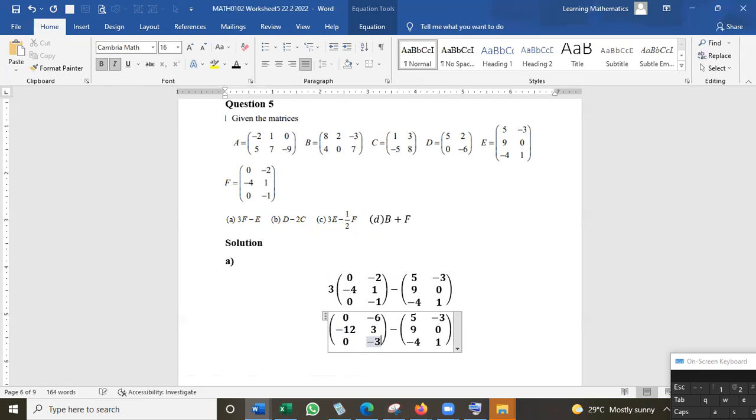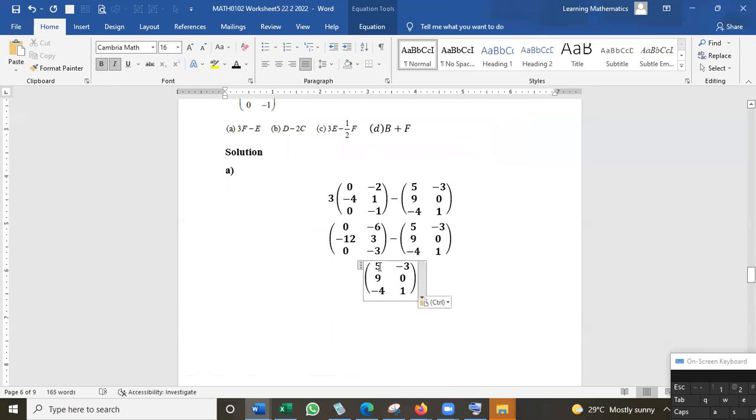So I have to multiply first before I subtract. Okay, so now I'm going to subtract. My answer will also be 3 by 2, 3 rows and 2 columns. So let me just put some blank spaces there. So I'm ready to subtract because I've multiplied first. Multiplication comes before subtraction.